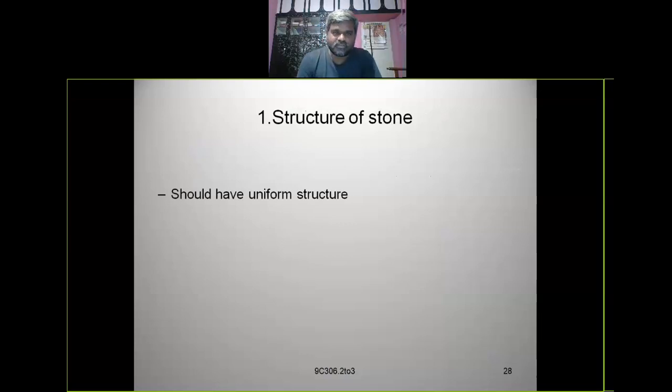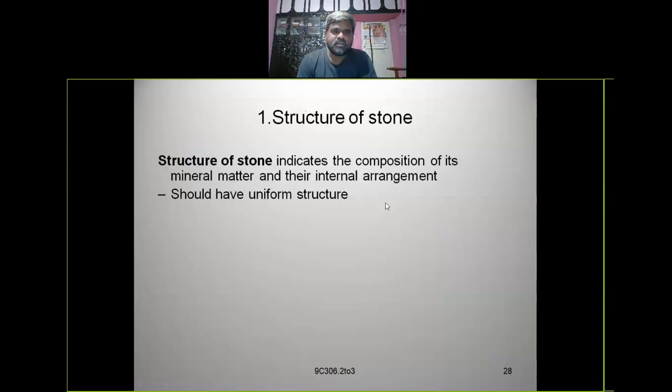First is structure. The stone should have a uniform structure, which indicates the composition of its mineral material or the internal arrangement. It should be free from cavities, cracks or patches.